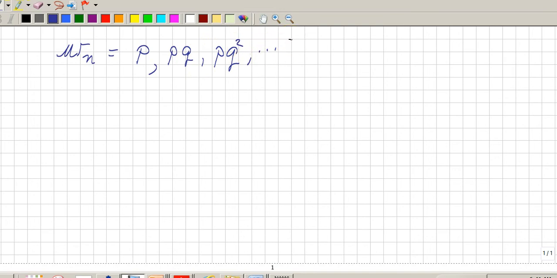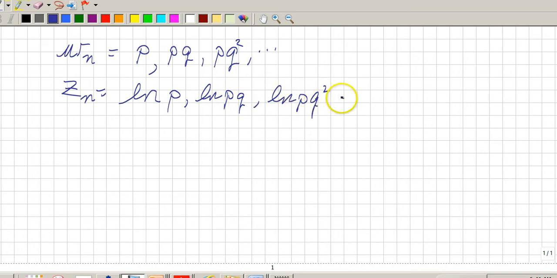And the other sequence is the natural log of the previous sequence. So it's going to be the natural log of p, the natural log of pq, the natural log of pq squared, and so on.